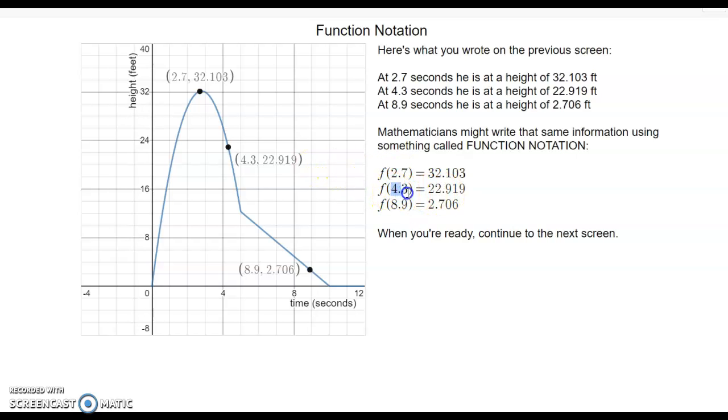So at 4.3 seconds, we can say he's at 22.91 height, and at 8.9, he is at 2.70. Obviously your numbers are going to be different because you chose different numbers, but that's all right. So we're going to continue to look at this and get more of an understanding. If you don't understand that this is x and this is y, that's okay. You'll see in a second what's going to happen.